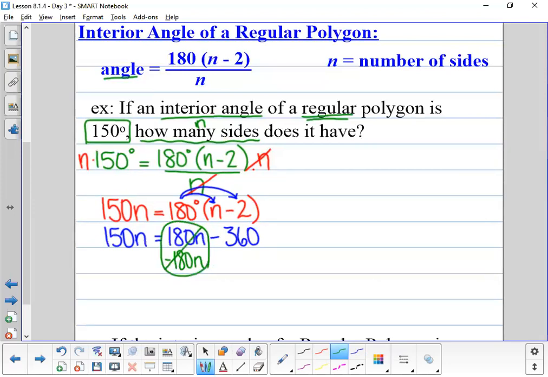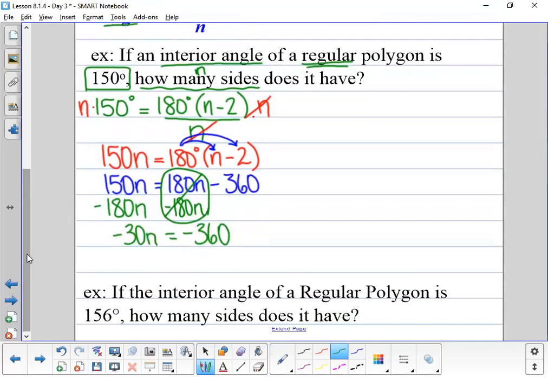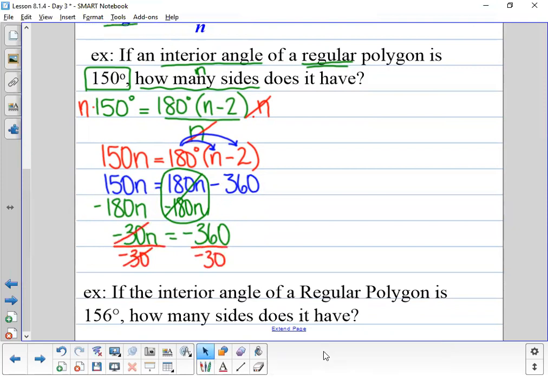If I subtract 180n from the right side, I need to subtract it from the left side. So 150 minus 180, that gives me negative 30n equals negative 360. Now I need to get rid of the negative 30 that is multiplying. So I'm going to divide both sides by negative 30. That will get rid of that and leave me with just n.